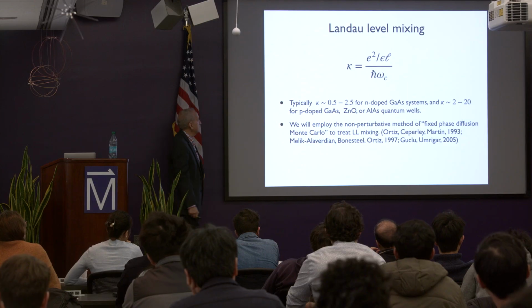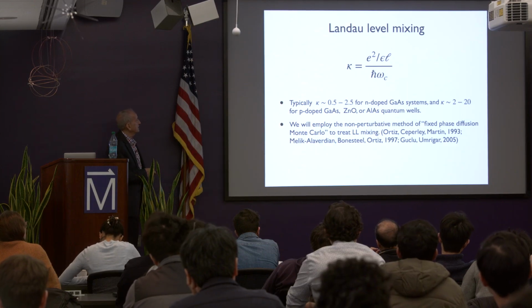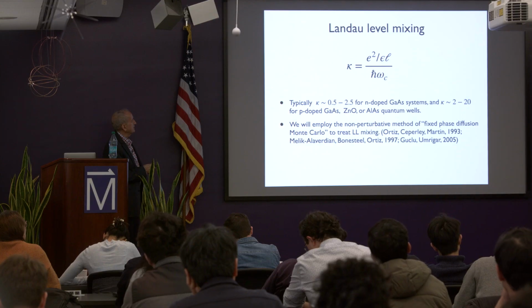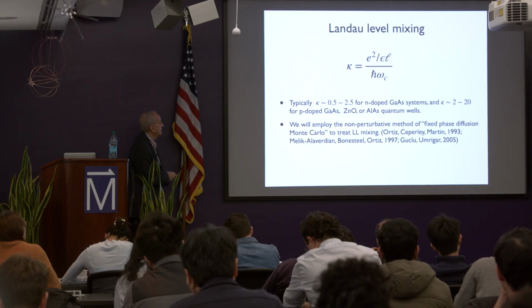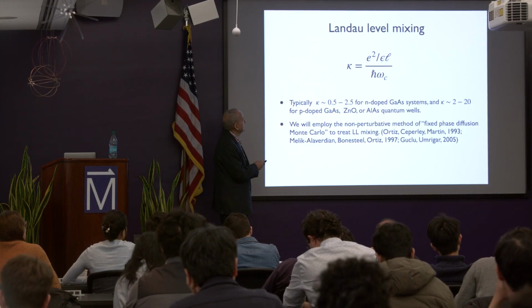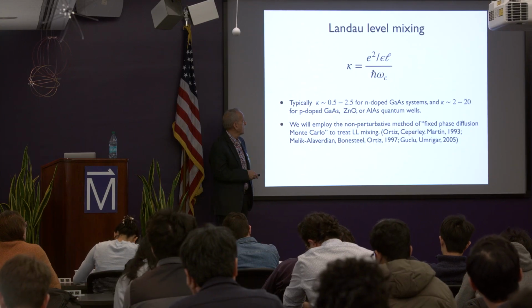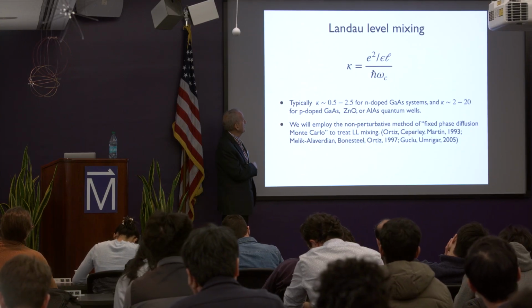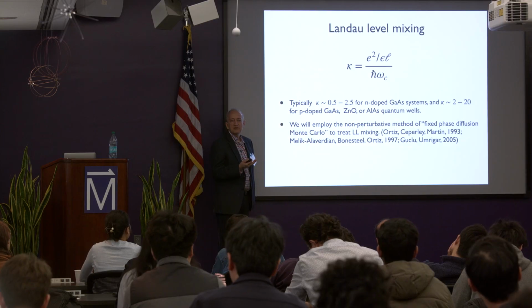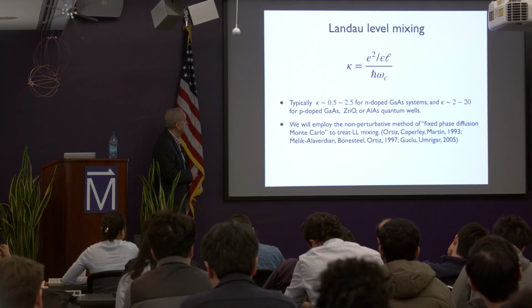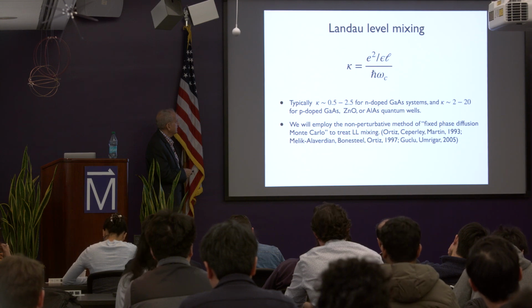How about Landau level mixing? So the parameter of interest here would be kappa. So this is Coulomb interaction, L is the magnetic length. So Coulomb interaction divided by the cyclotron energy, that's called kappa. If kappa is very small, then Landau level mixing can be neglected. But in general, you have to keep track of this.